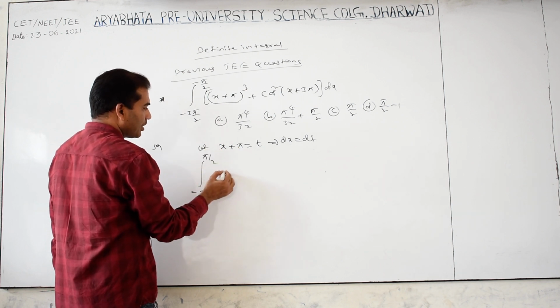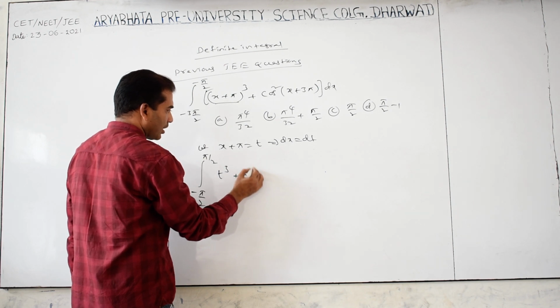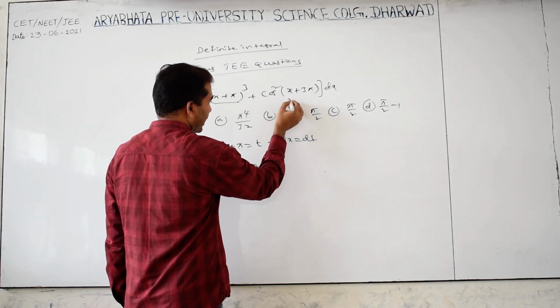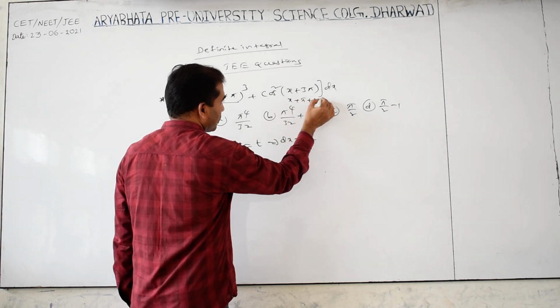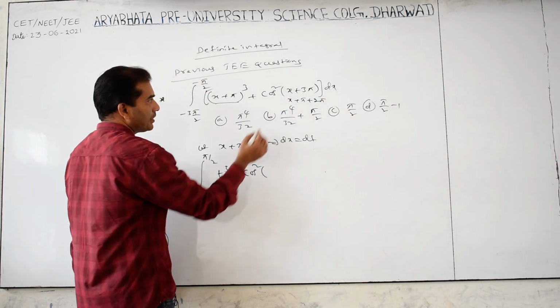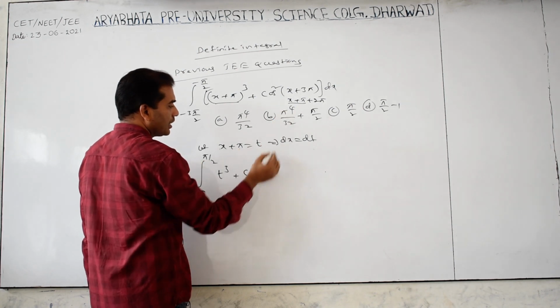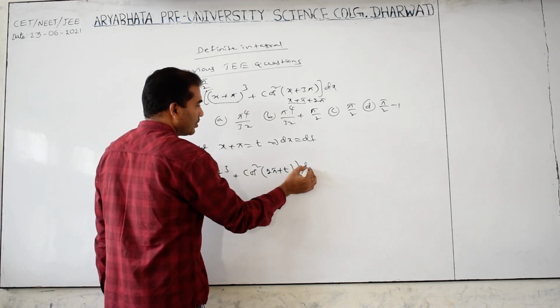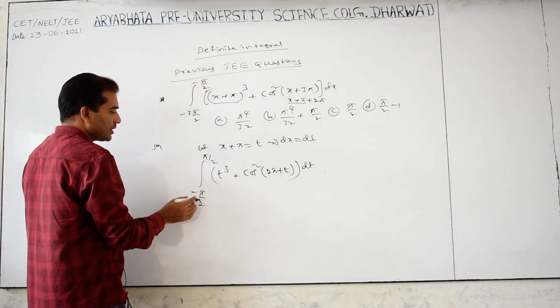Cos square of (x plus 3 pi), we can write as x plus pi plus 2 pi, which is 2 pi plus t, and dx equals dt.